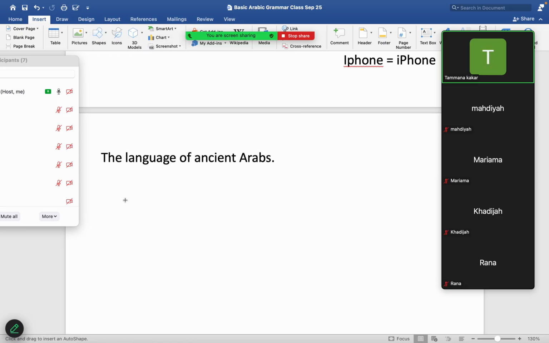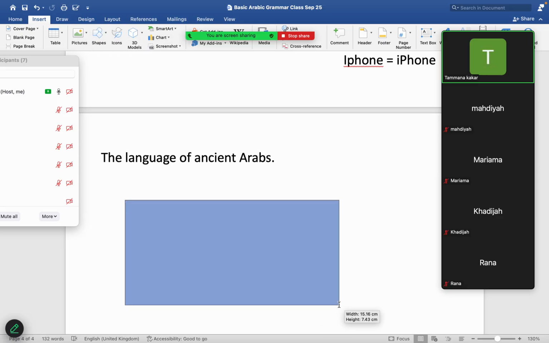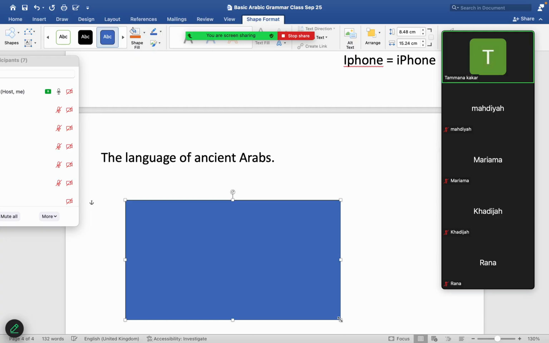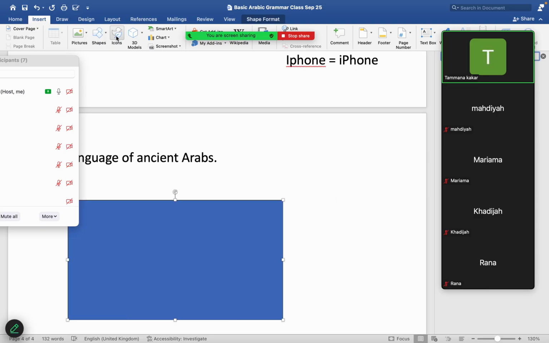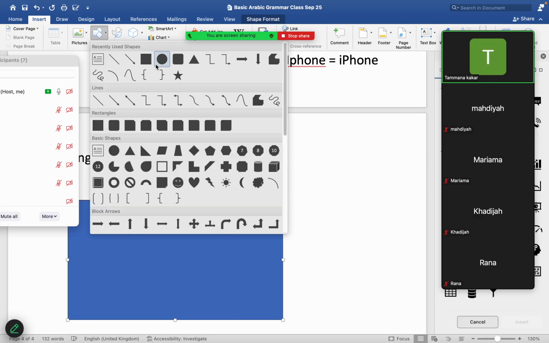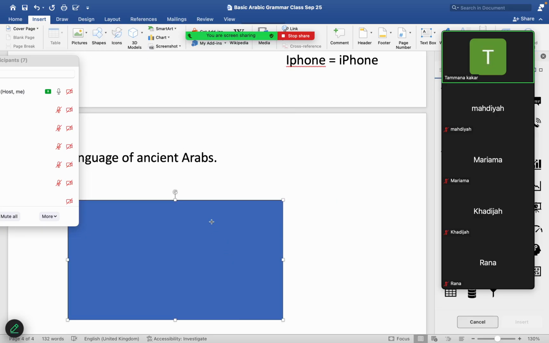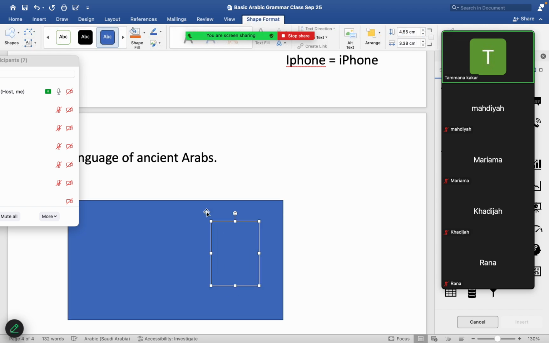So if a person says that they know Arabic, this small box is what they know nowadays in terms of language. First, this is your Fusha, right? Or this is your street Arabic.